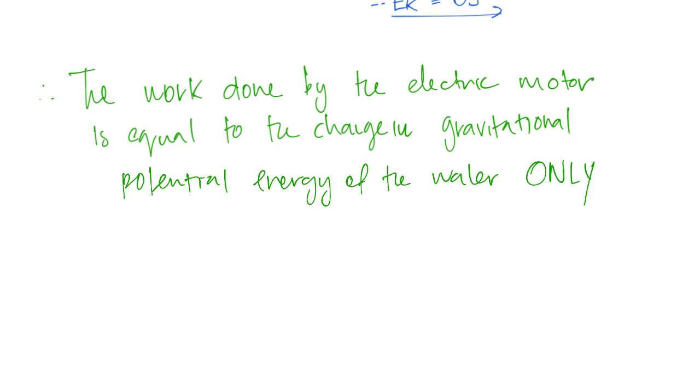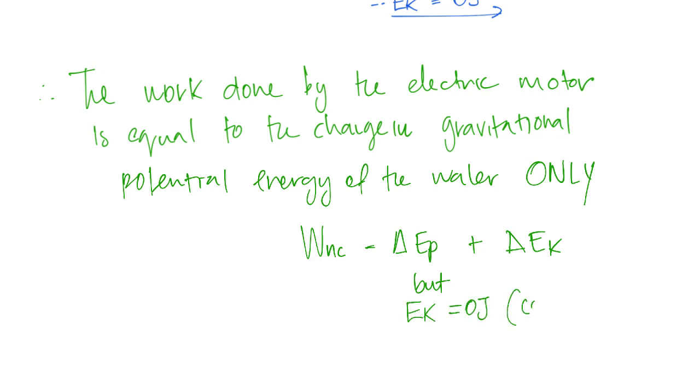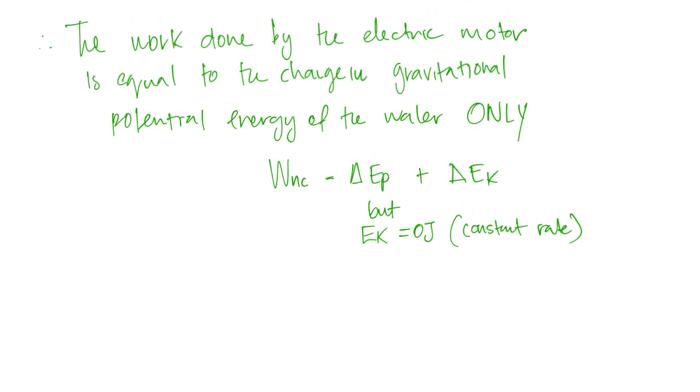So think about it like this. Work non-conservative is equal to the change in EP plus a change in EK. But EK is always equal to 0 joules because of the constant rate that it's being pumped. It's pumped the same each time. So therefore, work non-conservative is equal to the change in EP. Right, and that is what is important.